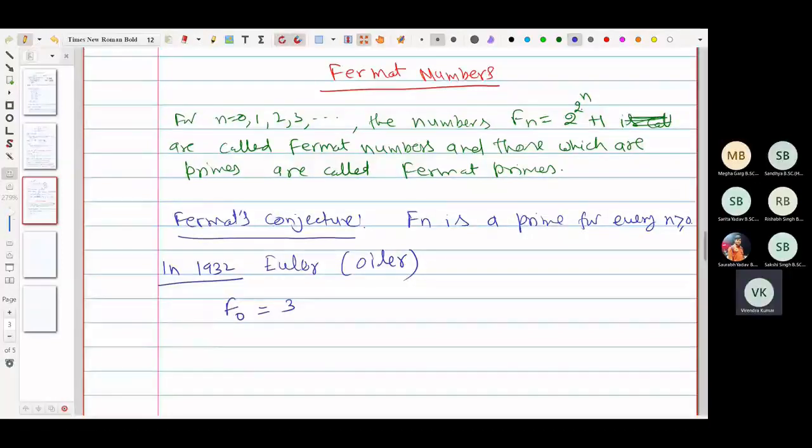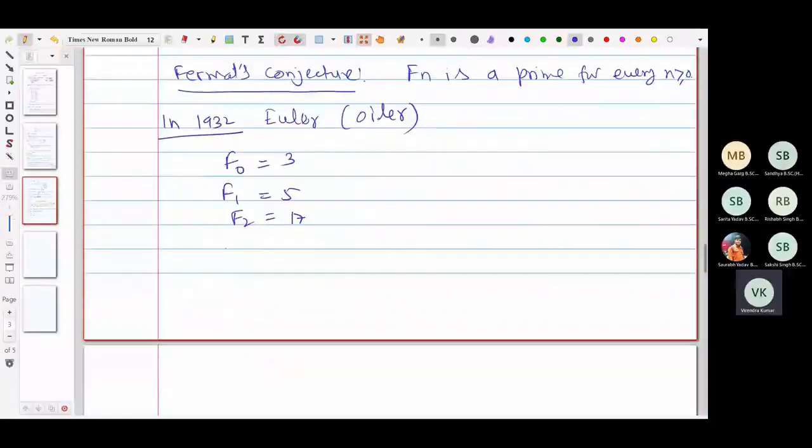Then f1 is 5, f2 is 17, and f4 is 257, and f5 is equal to 65537.